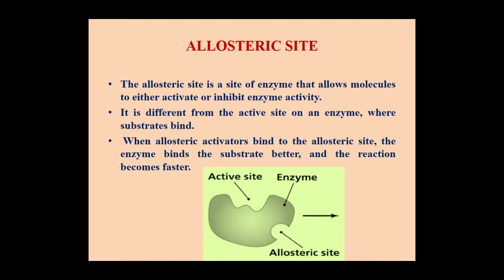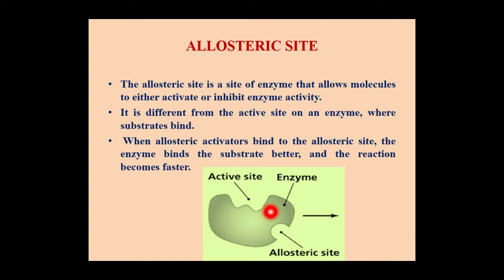Allosteric site. The allosteric site of an enzyme is different from the active site. The allosteric site is a site on the enzyme that allows a molecule to either activate or inhibit the enzyme activity.